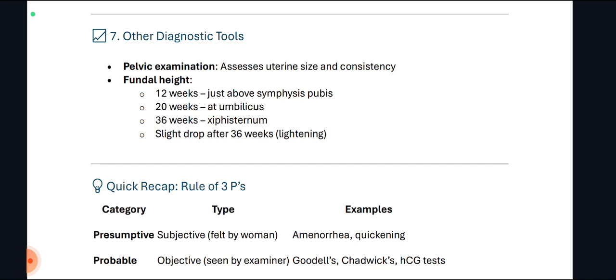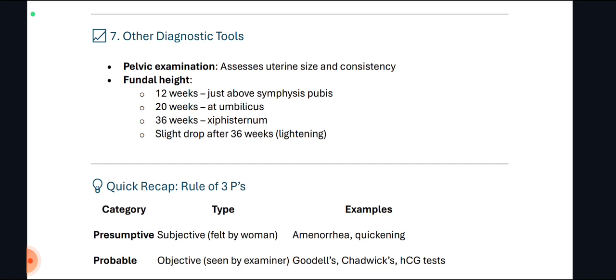Also, in advanced pregnancy, fundal height is an important marker by which we can almost identify the age of pregnancy. By 12 weeks, the fundus is just above the symphysis pubis. At almost 20 weeks, it reaches the level of the umbilicus, and by 36 weeks, it reaches the xiphisternum.